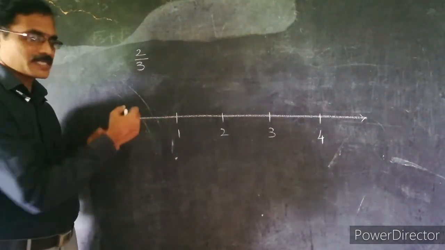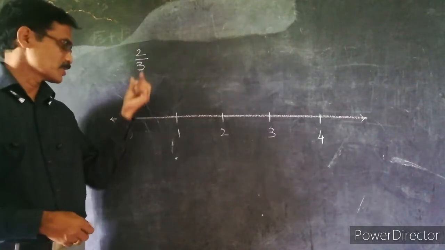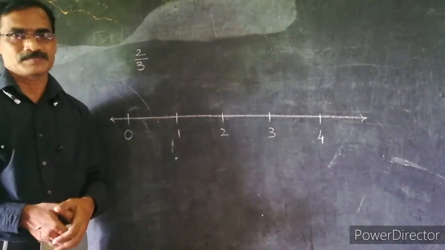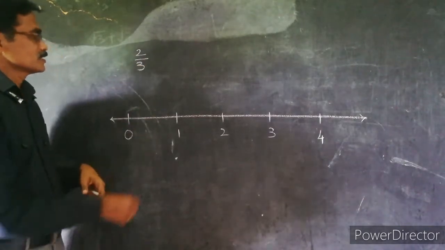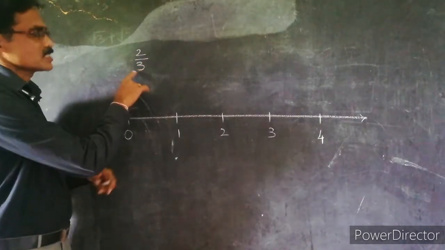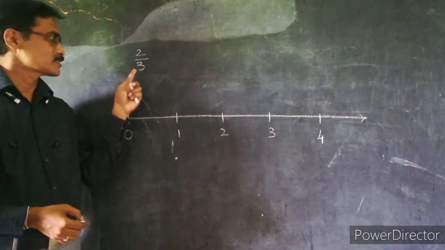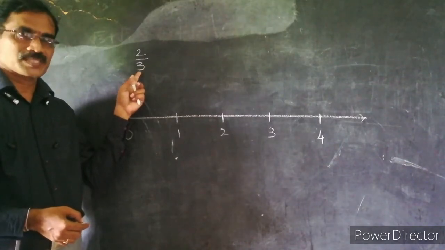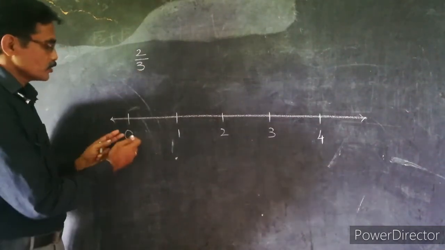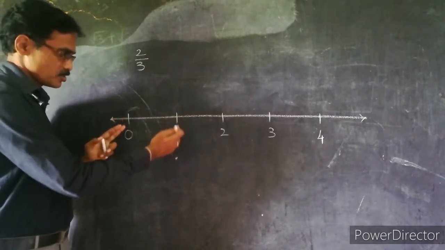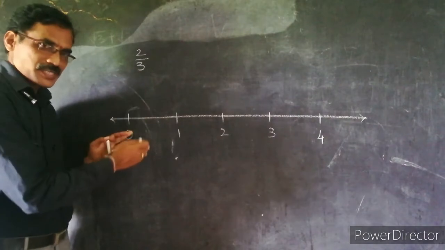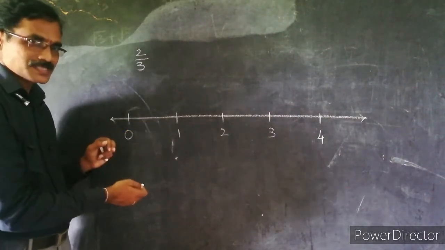So this rational number is between 0 and 1. But where does it lie? How can we show the exact place of 2 by 3 on the number line? To represent this, first you have to see what the denominator is. The denominator is 3, so you have to divide the segment from 0 to 1 into 3 parts.